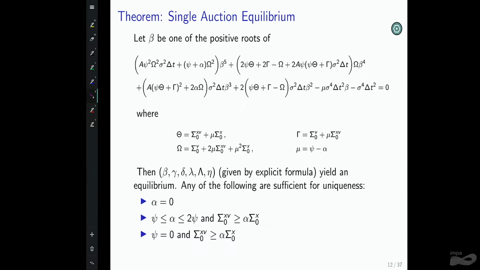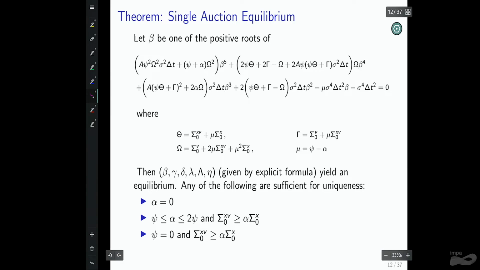If I find a positive root of this polynomial, then all the other 5 constants that are relevant we have in closed form. In addition, we have 3 conditions which guarantee that the positive root of this polynomial is unique. The one that I really want to highlight is this first one. Remember that alpha is this residual risk. If alpha is 0, everything is nice, we have uniqueness. If alpha is non-zero, we don't necessarily know if we have uniqueness.